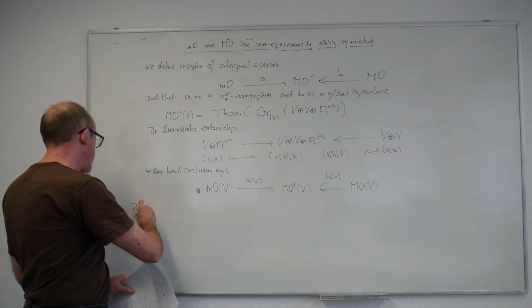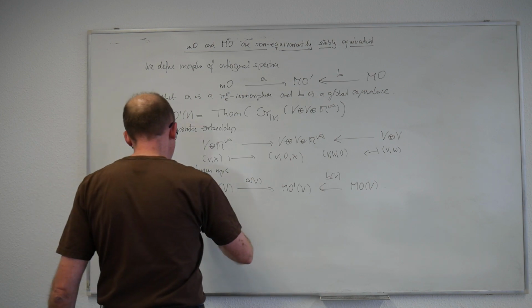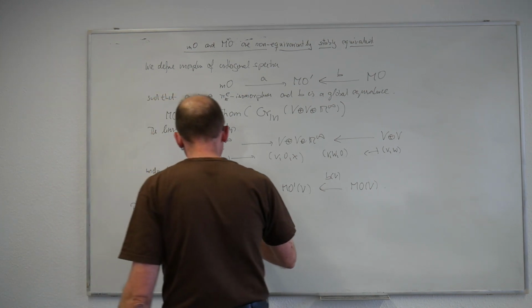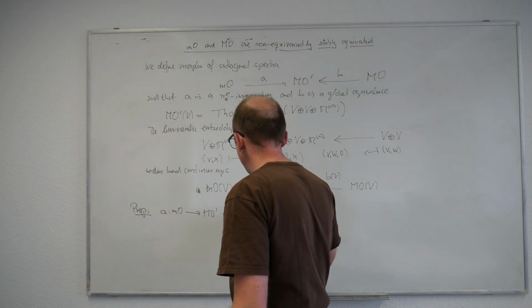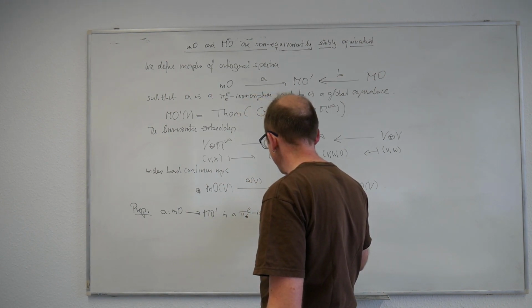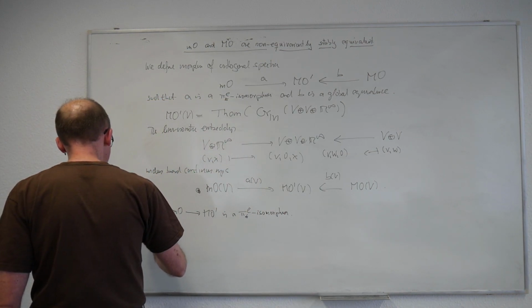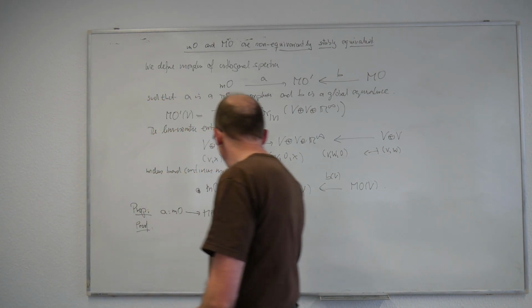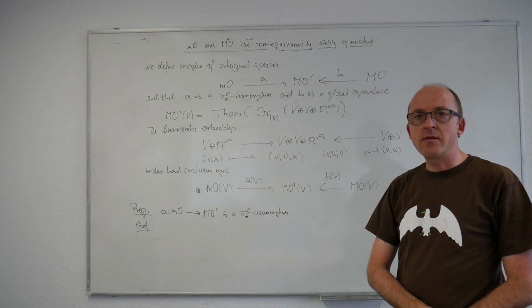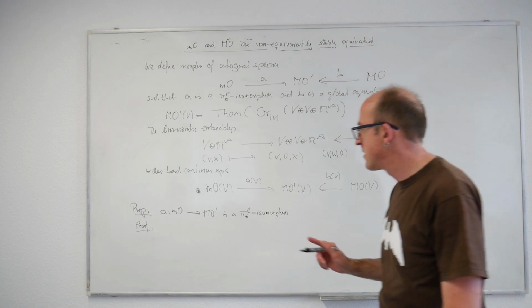So proposition: A from MO to MO prime is a pi star non-equivariant isomorphism. This one is easy, easier than the other one, which is also not terribly difficult. And actually something a little bit stronger is true, namely it's a non-equivariant level equivalence.